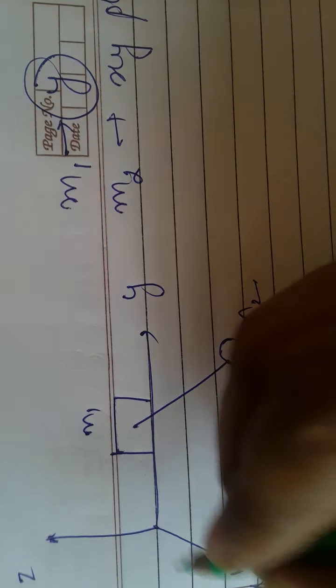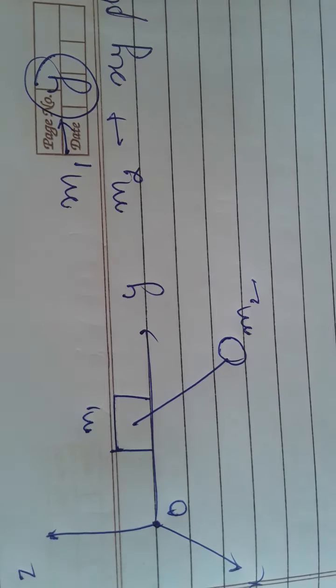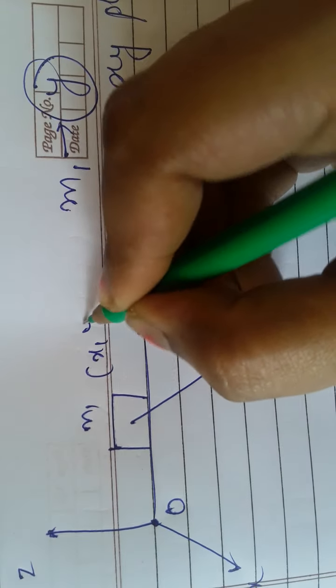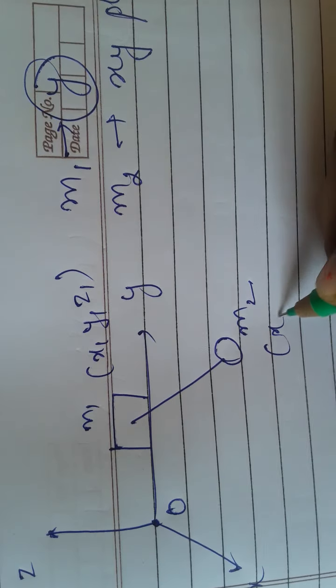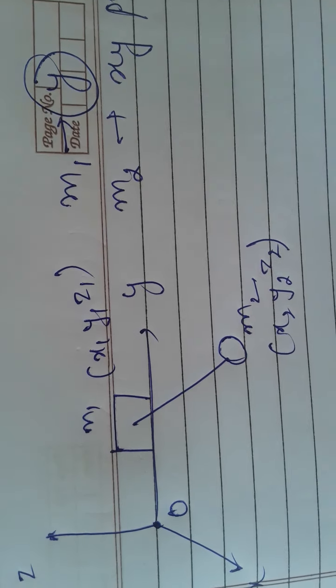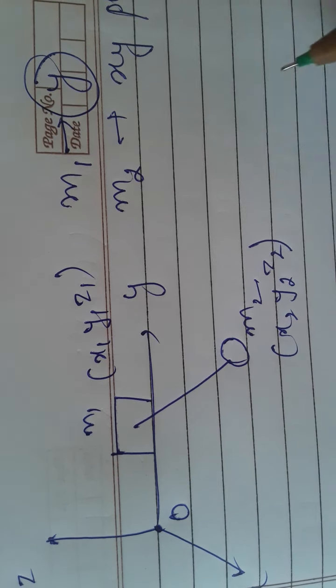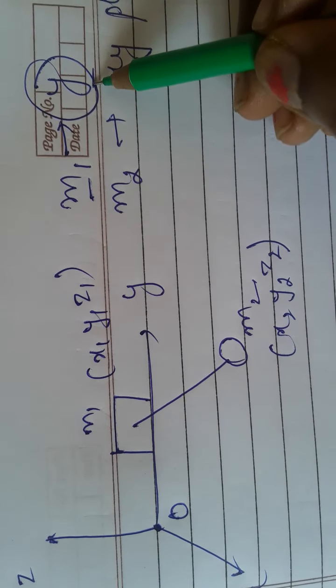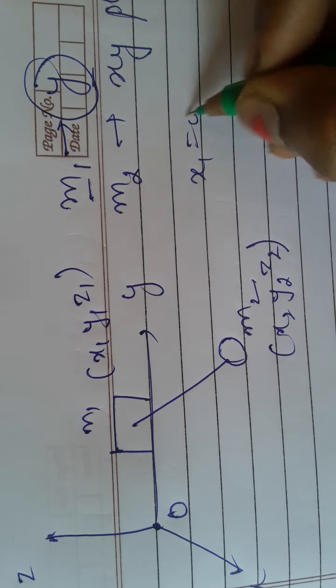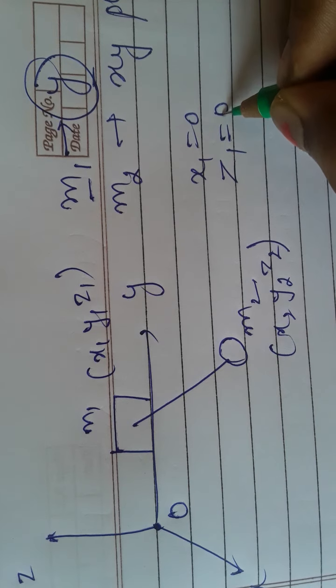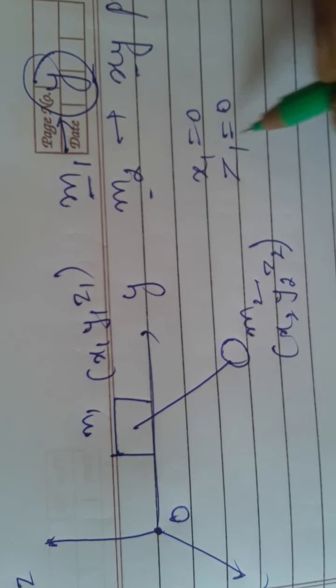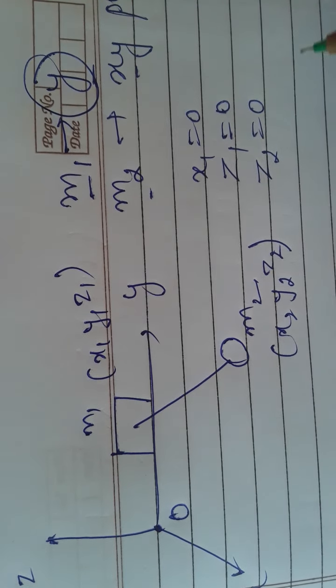So treating a fixed origin here, your x1, y1, z1, x2, y2, z2. Okay. And m1 can move only in the y direction, so x1 will be 0, z1 will be 0. m2 can move in the xy plane, means z2 will also be 0.